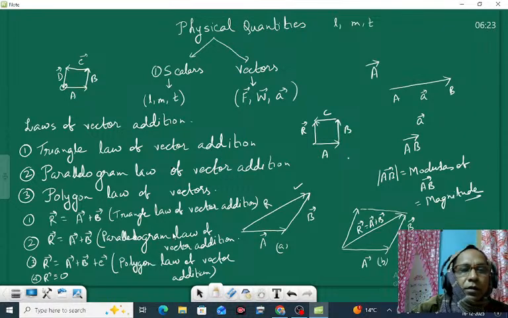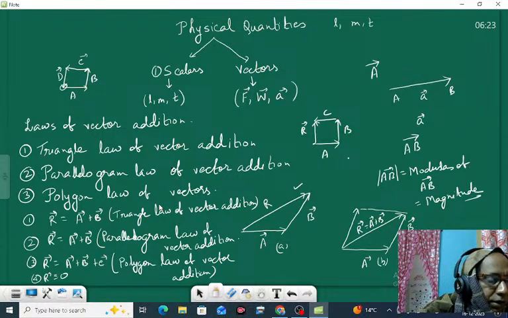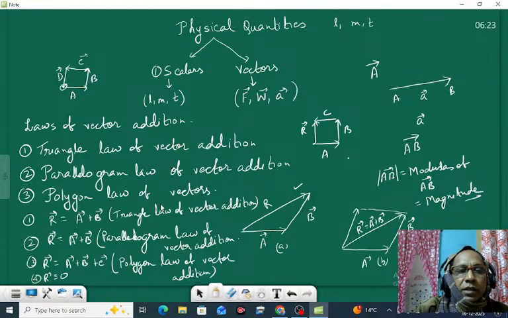So we learned three vector additions. One is the triangle law of vector addition, the second one is the parallelogram law of vector addition, and the third one is the polygon law of vector addition. Again I am telling you that in the triangle law of vector addition, if this is one vector and this is another vector, the third side of the triangle is the resultant vector. And in the parallelogram law, if this is vector A and vector B, you replace this vector B here with the same direction and magnitude, then the diagonal of this parallelogram gives the resultant vector.